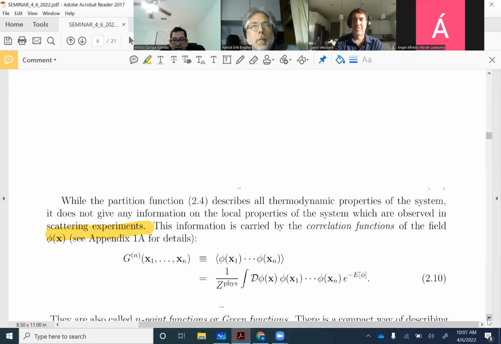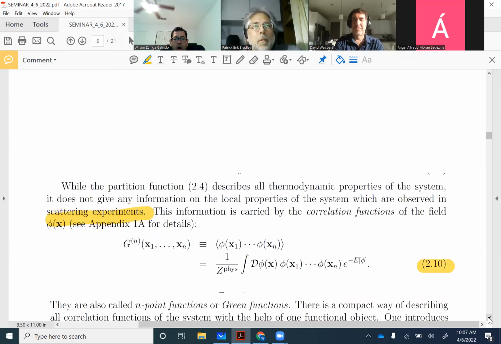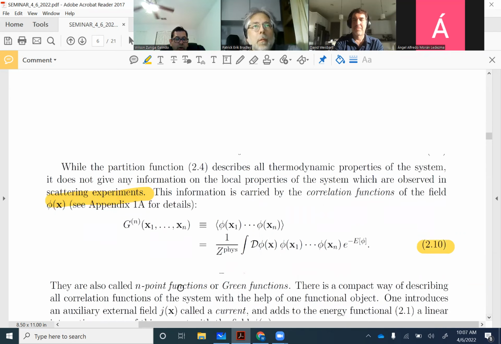Here, definition 2.10 gives the definition of the n-point correlation function. Notice that this is a number, the average over the measure, the expected value of the values of the fields at the points x1 up to xn.